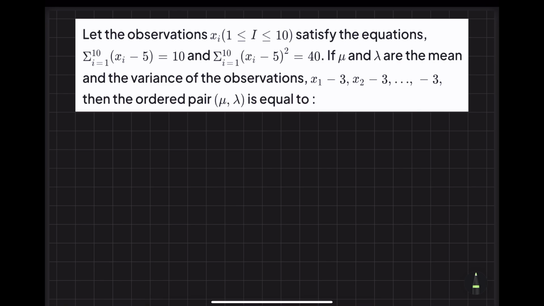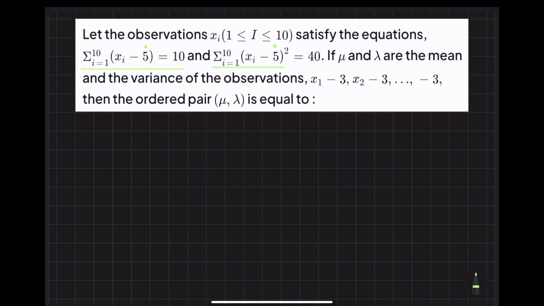So, we got a wholesome new problem which says: let the observations xi, i from 1 to 10, satisfy this equation. Look at this. In this question, they have given you xi minus a number, xi minus a number, and the number is the same. So, we don't have any problem. It's totally fine.